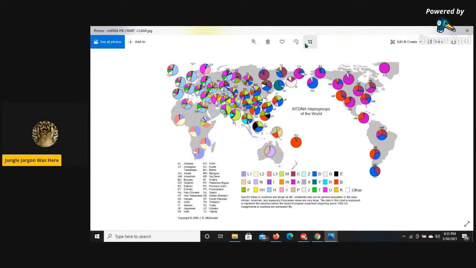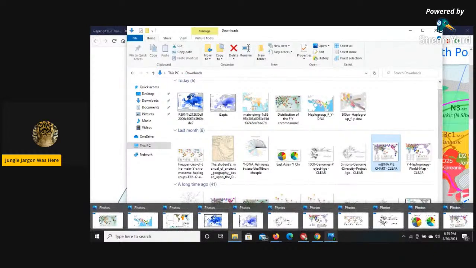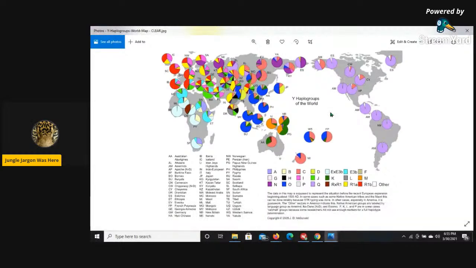So the Y chromosome of the paternal line in Europe is a lot of yellow and red.